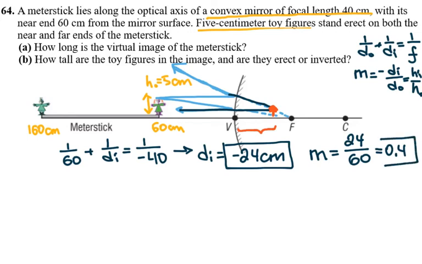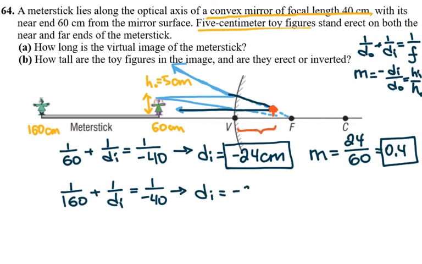So it's less than half of the toy itself. And then I'm going to do the same for the second toy. I will have 1 over 160 plus 1 over di equals 1 over negative 40. In this case, I will get di equals negative 32 centimeters.